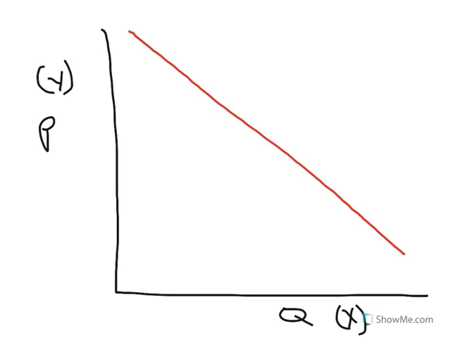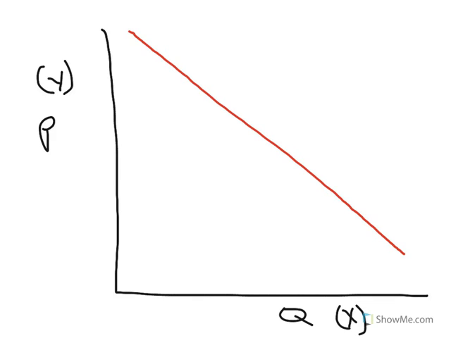This means that price and quantity are inversely related in the law of demand, which means as one goes up, the other goes down, and vice versa. In math, we call this a negative slope, where slope is identified by the variable m. It's negative, meaning it moves downward from left to right.